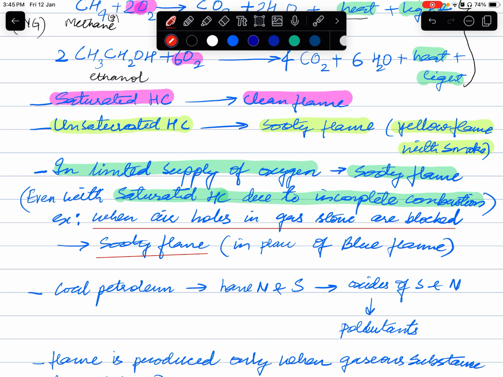When the holes of the gas stove are not clean, they are blocked, so we are not able to supply a sufficient amount of oxygen, and therefore even a saturated hydrocarbon will give you a sooty flame, okay, in place of a blue flame. But if we clean the holes, then again we will get a blue flame or a clean flame.